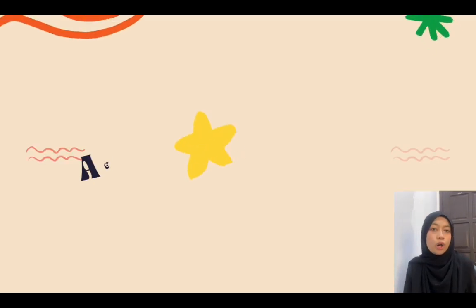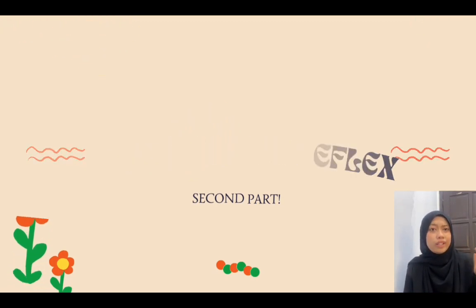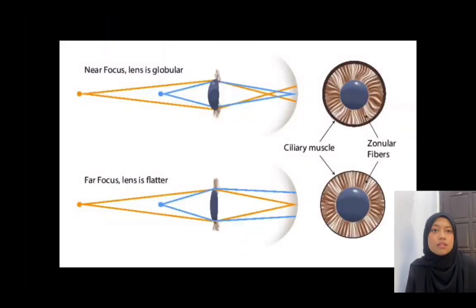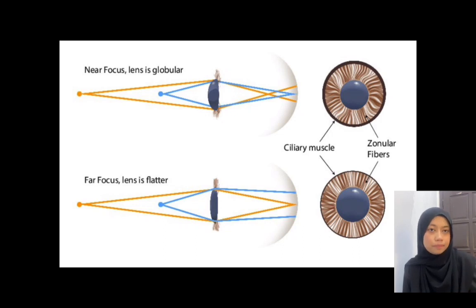Next, we will move on to the second part, which is the accommodation reflex. What is the accommodation reflex? The accommodation reflex is the process by which the eye adjusts focus to obtain a clear image of objects at different distances. This involves changing the curvature of the lens to focus on distant or close objects.